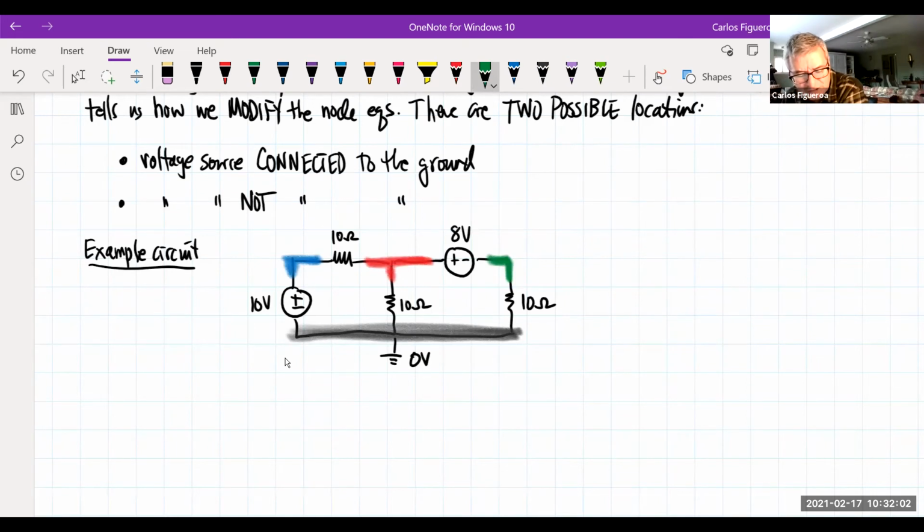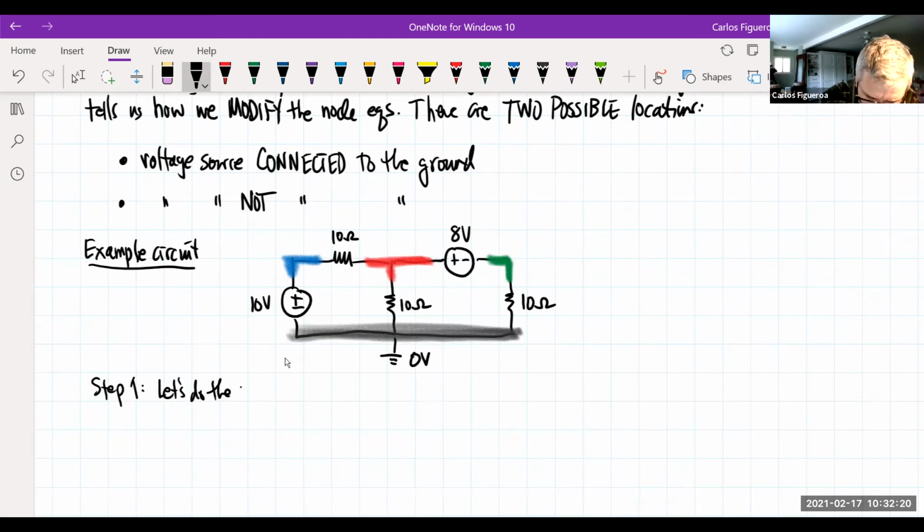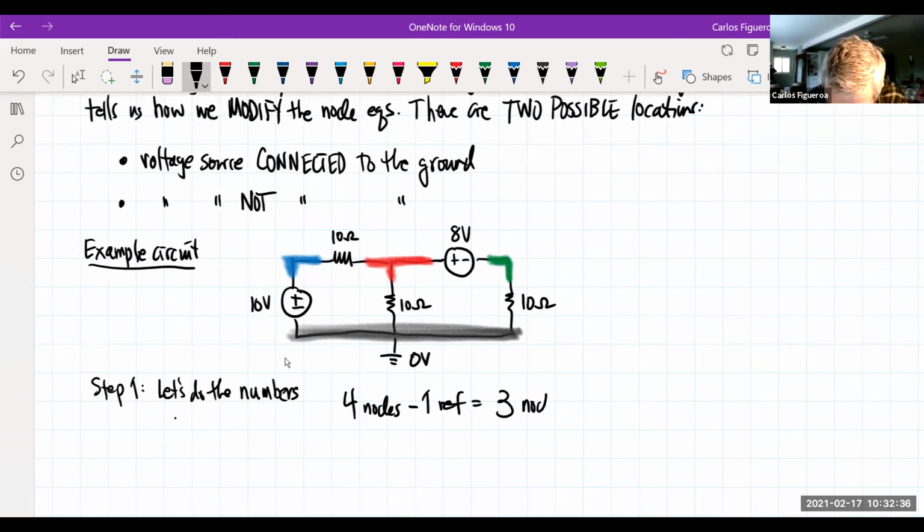So step one says, let's do the numbers. What you're seeing here is that there are what? There are 4 nodes, 1 reference. So that tells us that there are now 3 nodes that we would be thinking about.